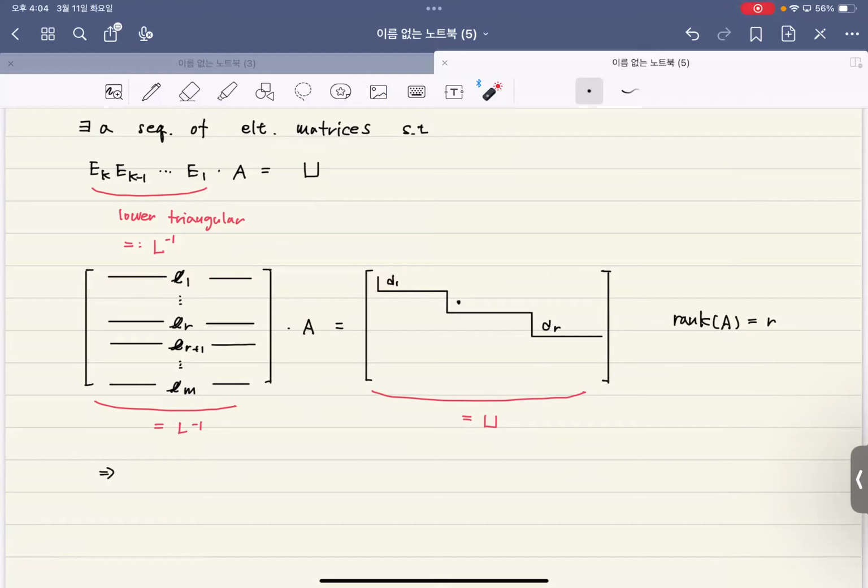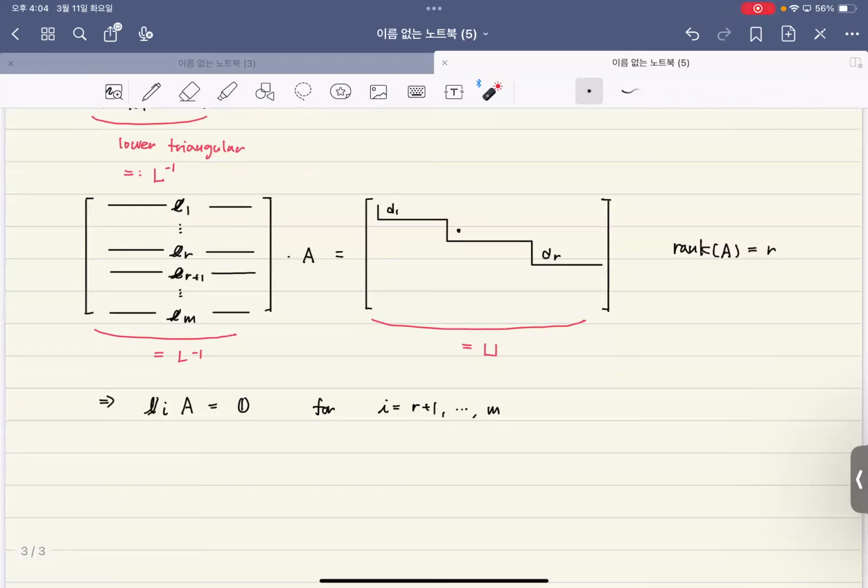The second row multiplied by A is going to be the second row on the right, and it goes on like this. That means if you multiply the (r plus 1)-th row to A, then it's going to be the zero vector. So L_i times A is going to be 0 for i from r plus 1 to m, right?